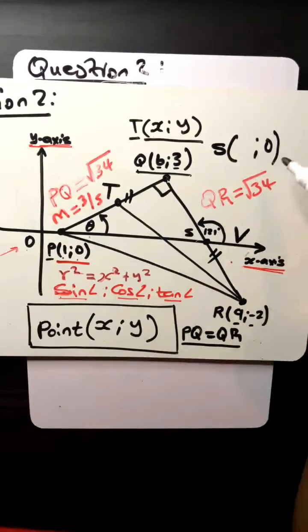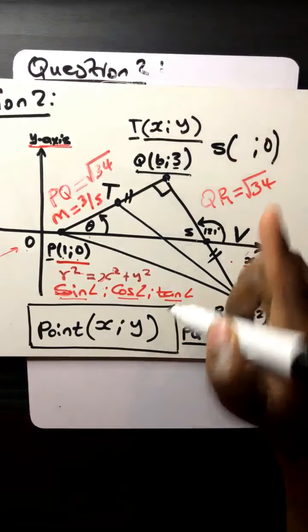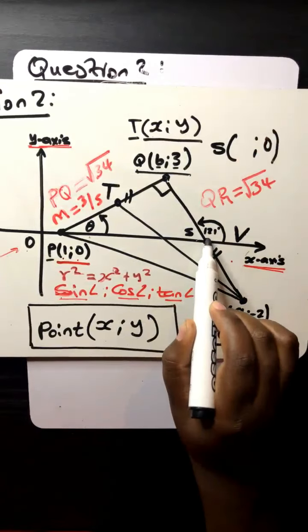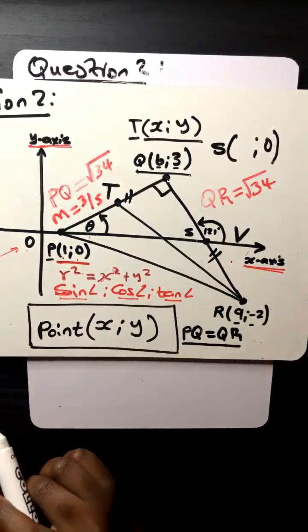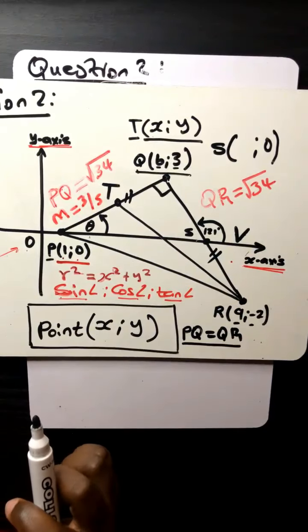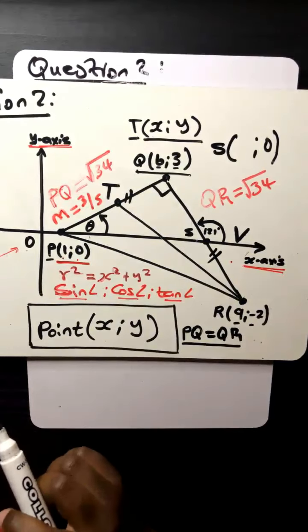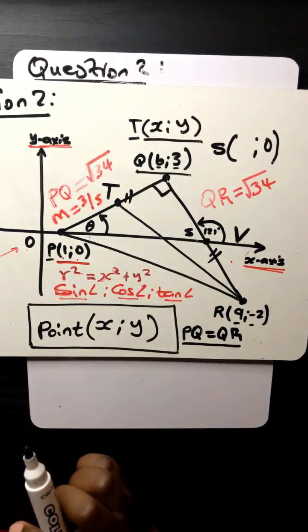So you substitute 0 into that straight line equation, then you solve for X. That is going to give you the X value at point S. Before we perform any calculations, if you don't understand, ask a question. Otherwise, you will see when we perform the calculations.